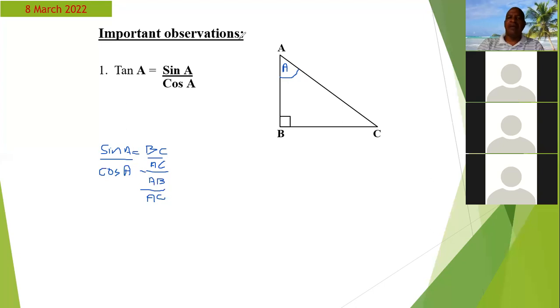So we're really dividing one fraction by another. We are dividing this fraction above by the fraction below. So in other words, we could actually write this as equal to BC over AC divided by AB over AC.